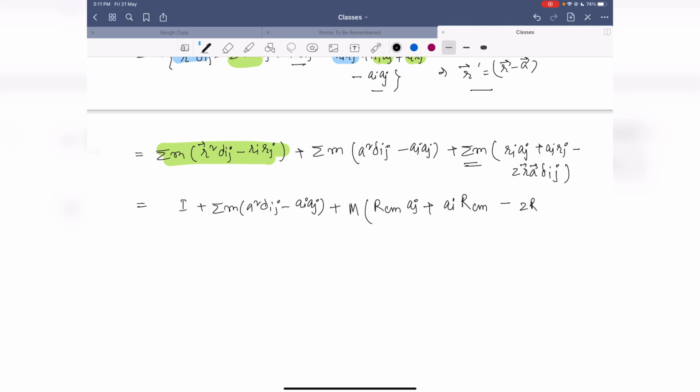Similarly for this I will write R center of mass, a and delta ij.